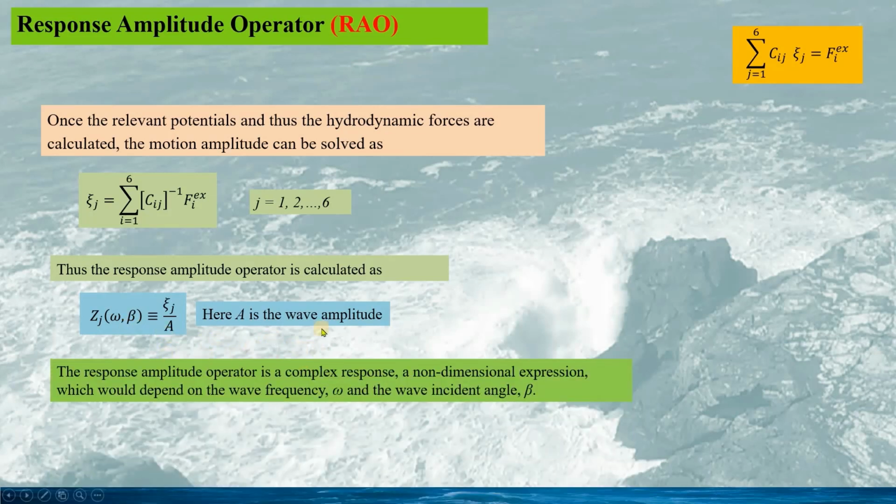As we can understand, the response amplitude operator Zj is a complex, non-dimensional expression which would depend on the wave frequency omega and the wave incident angle beta.